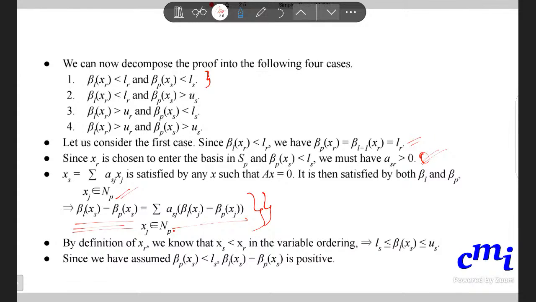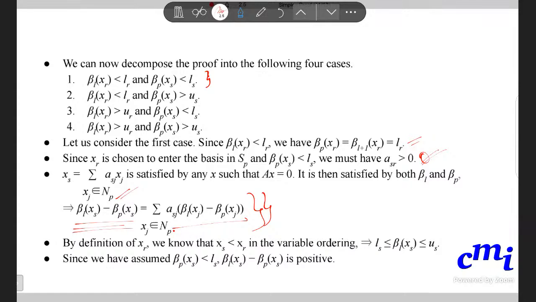So we have that xs is less than xr in the variable ordering, as xs is going from basic to non-basic, and as we said, xr is the largest variable that goes from basic to non-basic in sk to st. So by definition of xr, this implies that the assignment at time step L for xs has to be satisfied.